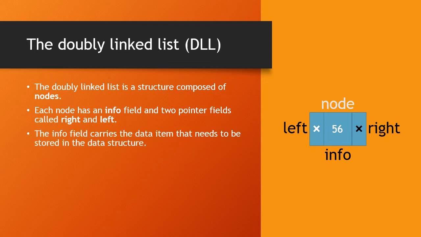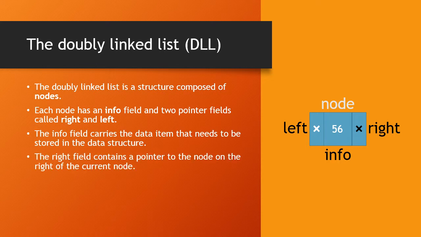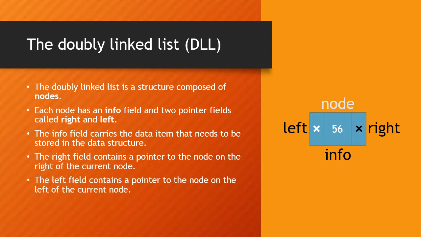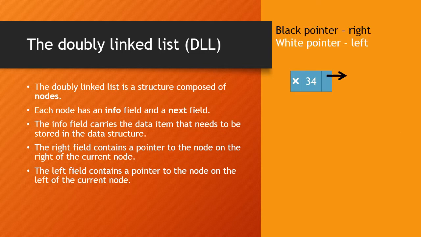The info field carries the data item that needs to be stored in the data structure. The right field contains a pointer to the node on the right of the current node, and the left field contains a pointer to the node on the left of the current node.